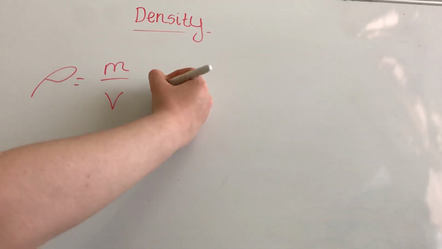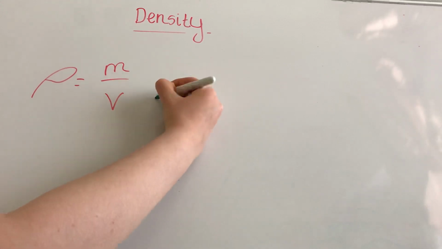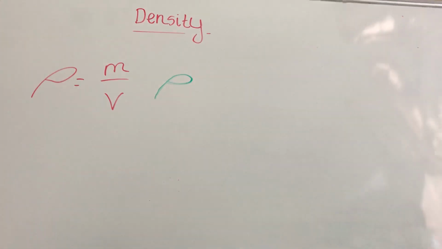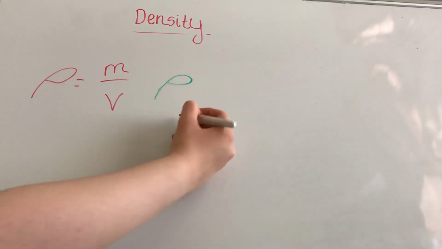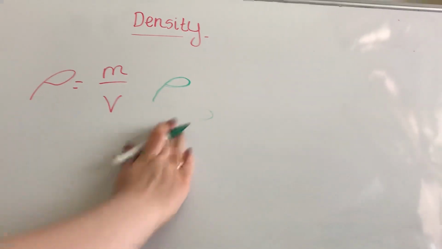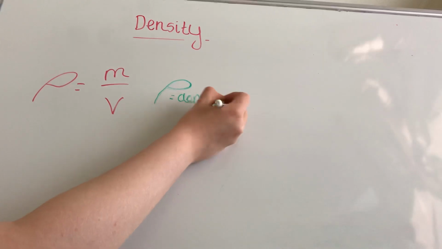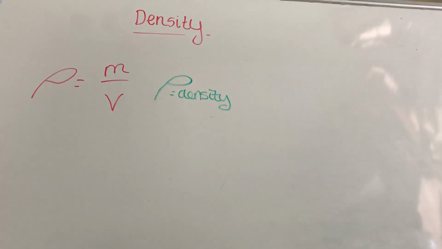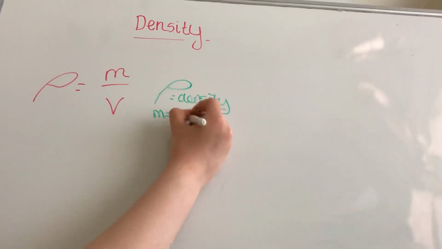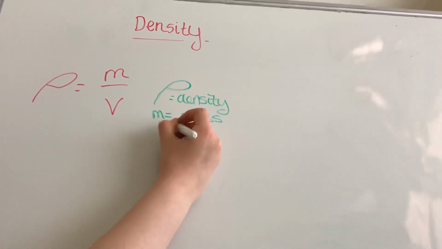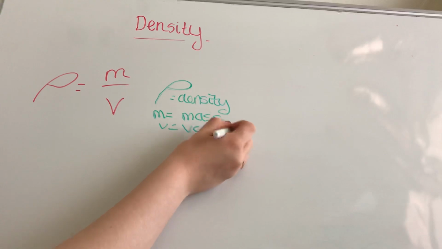So what is the symbol for density? The symbol for density is this kind of P shape. You just write it in one stroke, straight like that, and that is your density. Then you have your M, which stands for mass, and your V, which stands for volume.